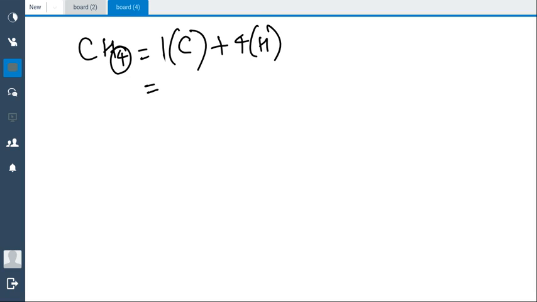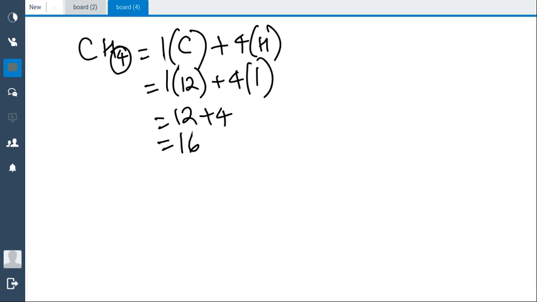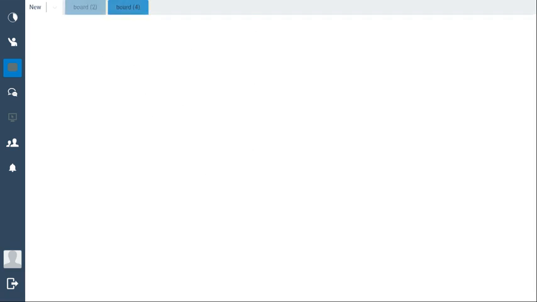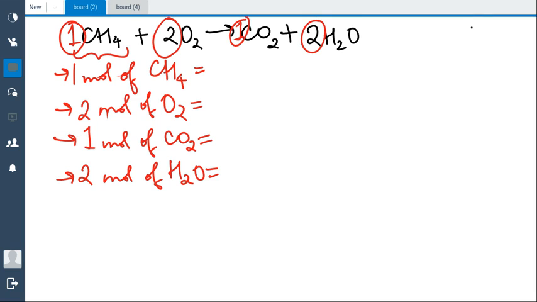That's equal to 12 plus 4 into 1. So 12 plus 4 is equal to 16 grams per mole. It's the molar mass of CH4. Okay, so 1 mole of CH4 is equal to 16 grams CH4.